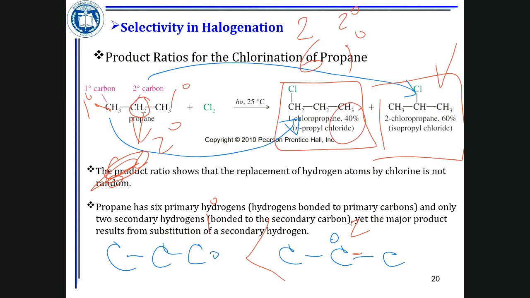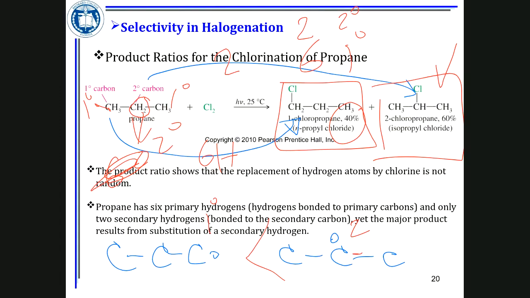This is coming from 6 hydrogens, and the major product is coming from only 2 hydrogens. What does that mean? It means the ratio of reactivity for secondary compared to primary is not 4 to 6. It has a higher value.